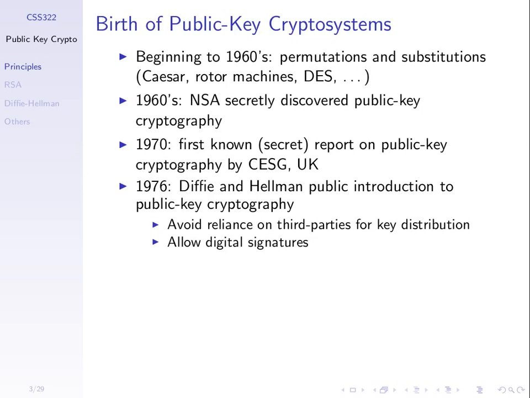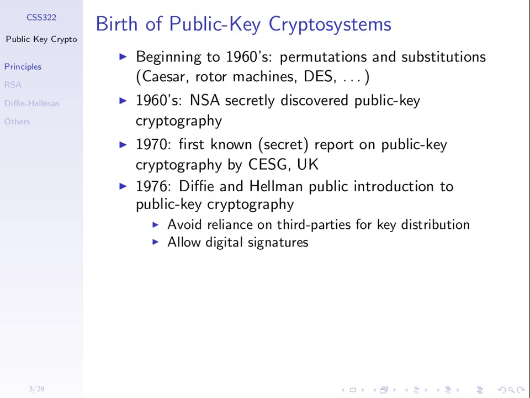But again, this wasn't made public. The first public announcement of public key cryptography was by Diffie and Hellman, and Merkle was the third person involved. In the 1970s, they developed a new approach which is now called public key cryptography.